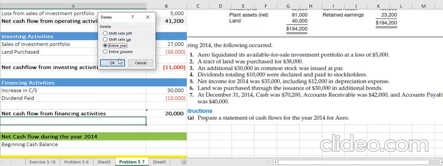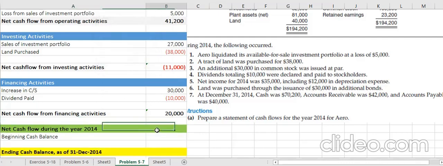So we have all three net cash flows. We are good to calculate the net cash flow during the year, from the start of 2014 till the end of 2014. It is the addition of net cash flow from operating activities, investing activities, and financing activities.